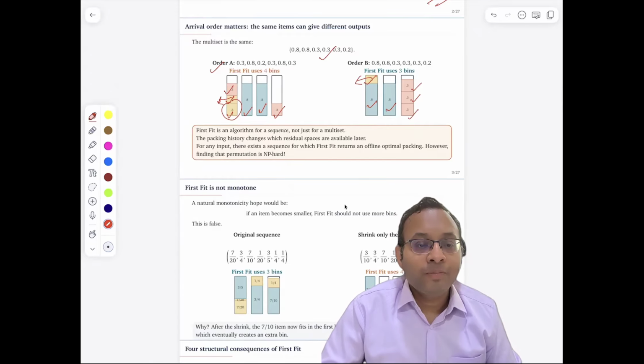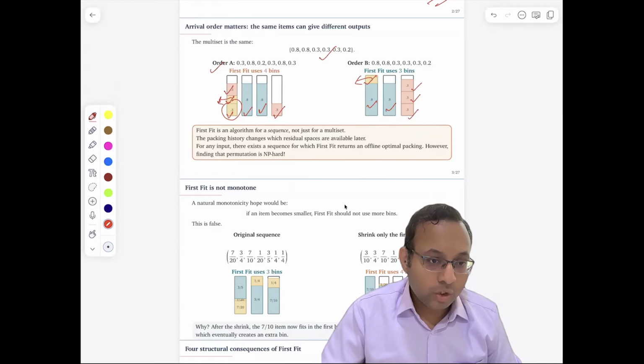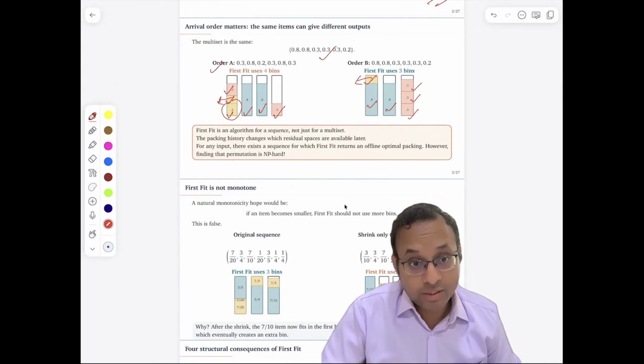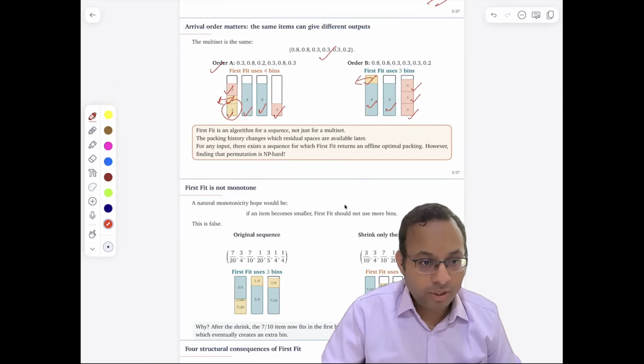So first fit is an algorithm for the sequence, not only for the multi-set. So it depends on what the ordering is. And in fact, one can show that for any input, there exists a sequence for which first fit will return the optimal offline packing. But as bin packing is NP hard, finding this optimal permutation is also NP hard.